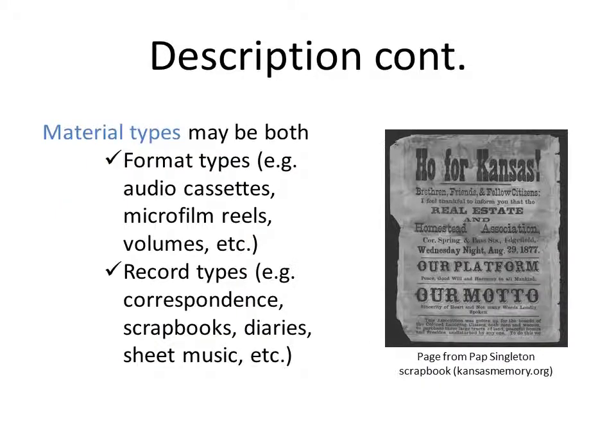And quantities kind of play into material type, but when I'm talking about material type, I'm sort of thinking more broadly than just format. I'm also thinking about paper records can be divided into various types of series, such as correspondence or letters. Maybe you've got lots of scrapbooks, maybe you've got sheet music, maybe you've got, like I said, reel-to-reel films.